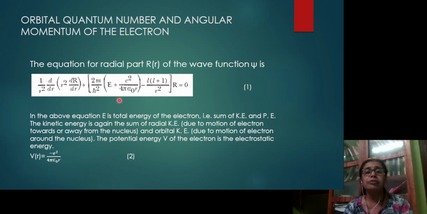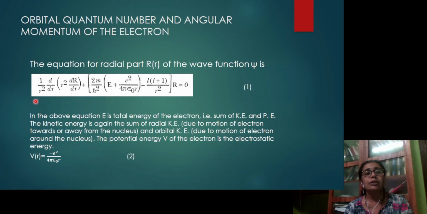When we derived this differential equation, we just took this L into L plus 1 as a constant to equate both LHS and RHS. At that time we said that what the meaning and significance of this L into L plus 1 constant is, we would discuss later. So now we are going to see what the significance of this L into L plus 1 is.